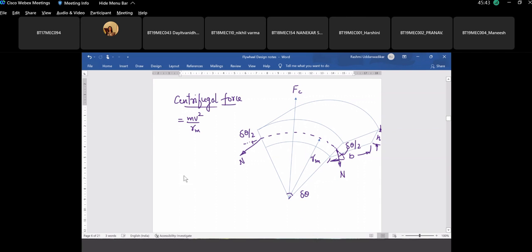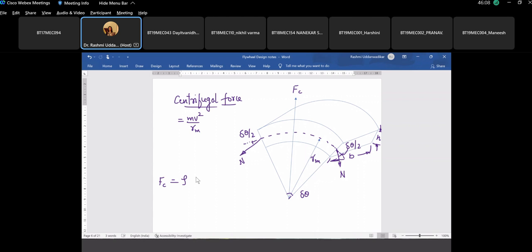Let me write it down here. So this mass is again density rho into its volume. So length of this arc for this small section is given by what? If radius is rm and this angle is delta theta, what is the volume for this particular sector?